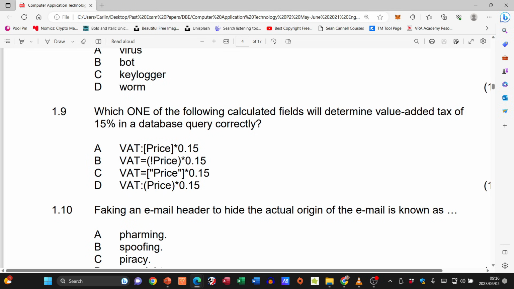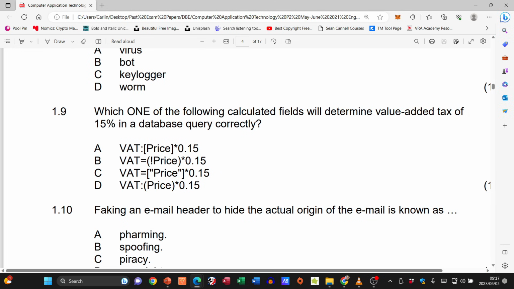When I create a calculated field in a query, this is what the first part should look like, because that's going to indicate to that query that this is the name of a new field. So the equals has nothing to do with it. So I already know it's not B. I already know it's not C.